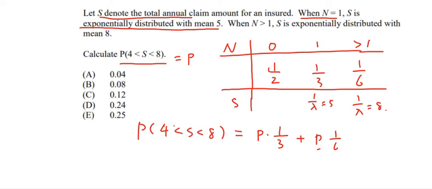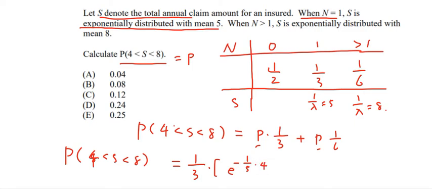This probability is that A is larger than 4, less than 8, when A follows this exponential distribution. So remember, between 4 and 8 is e^(-4/lambda) where the mean is 5, minus e^(-8/lambda).